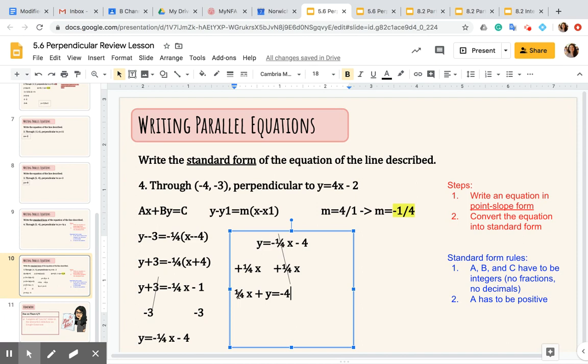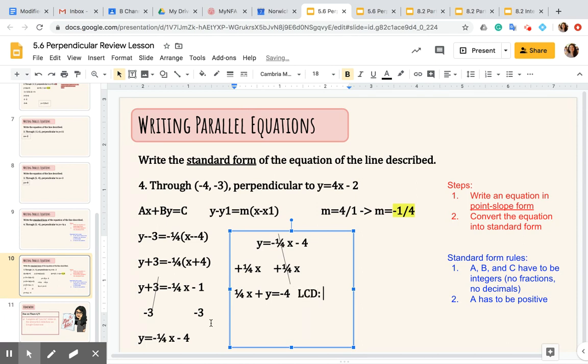This is almost standard form. I've got the x and the y together, and I've got my constant. The only thing is that I see a fraction. That's not an integer. I need everything to be an integer. So what I'm going to do here is multiply everything in this equation by the LCD.